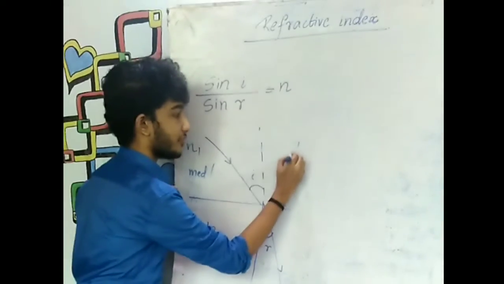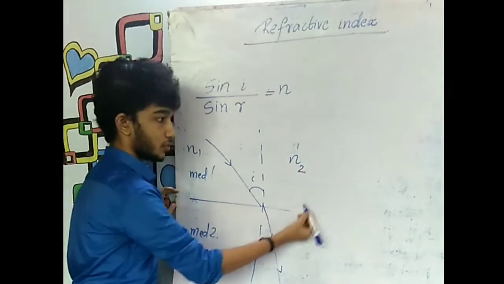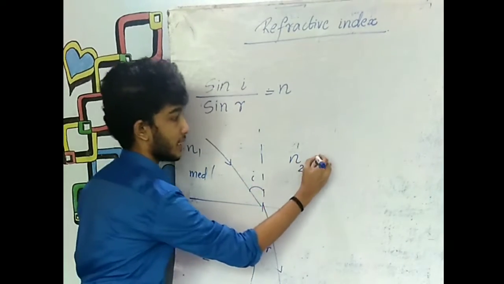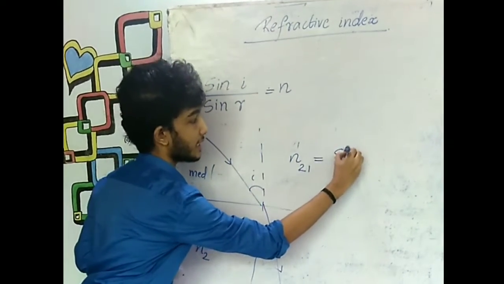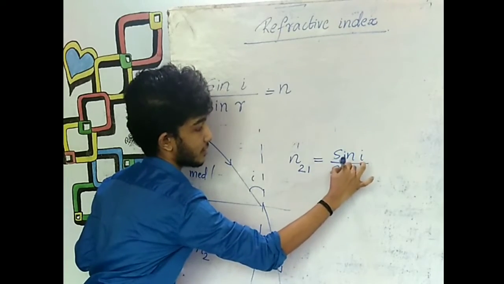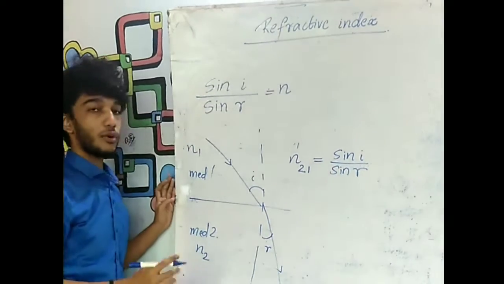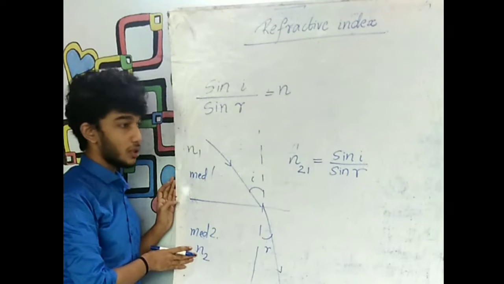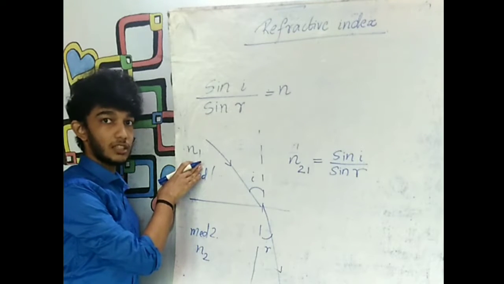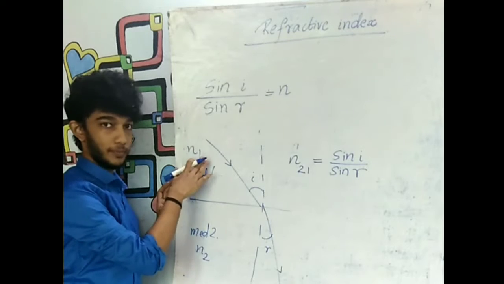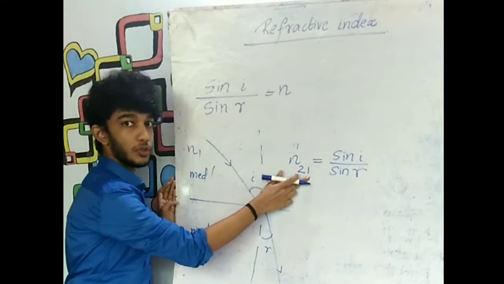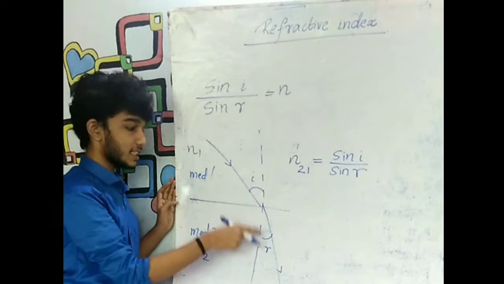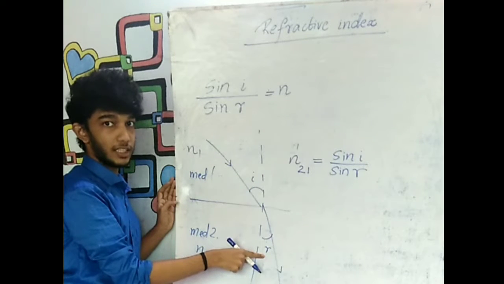Here, the refractive index of medium 2 with respect to medium 1, denoted as n21, is equal to sin i divided by sin r. That is the law of refraction. That means the refractive index of medium 2, n2, with respect to the refractive index of medium 1, n1, n21, refractive index of medium 2 with respect to medium 1, is equal to sine of angle of incidence divided by sine of angle of refraction.